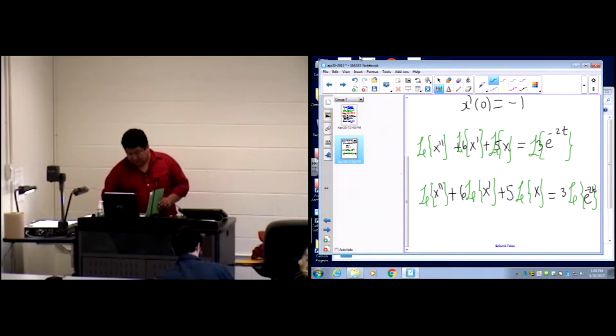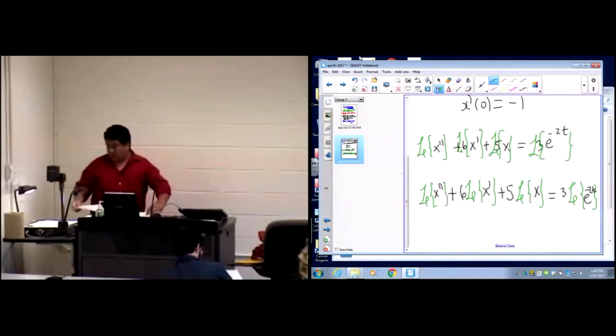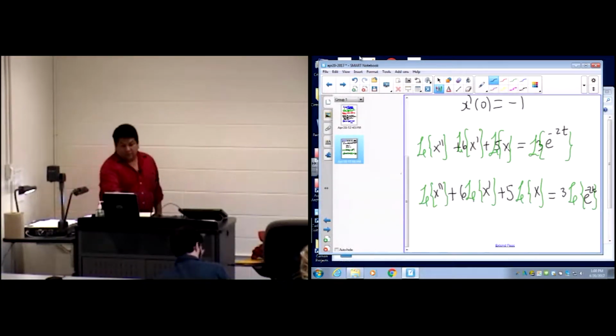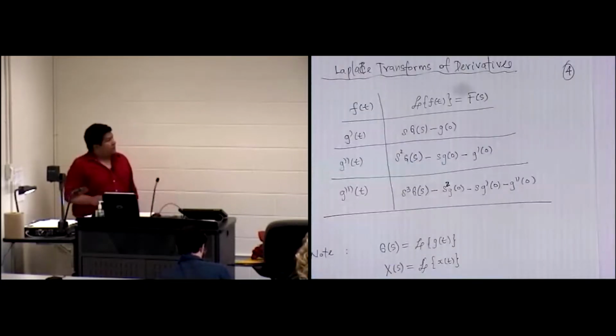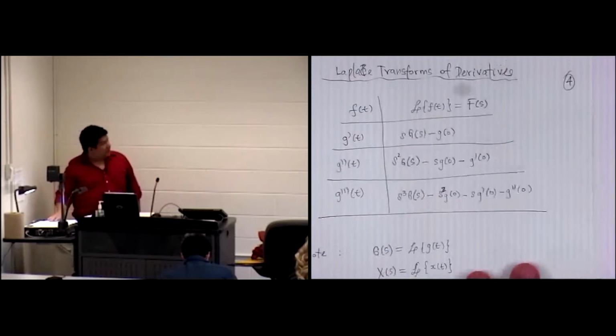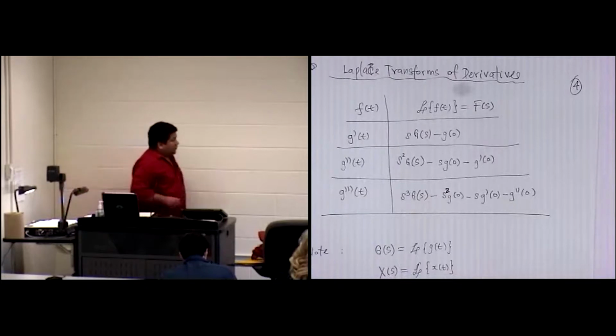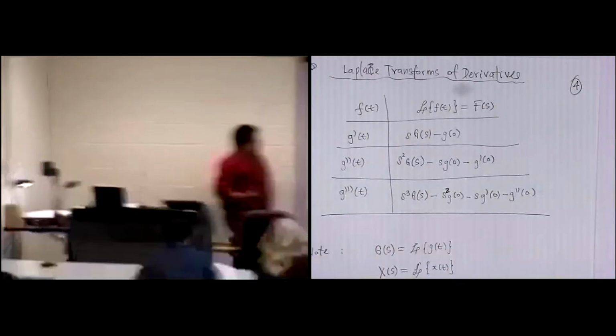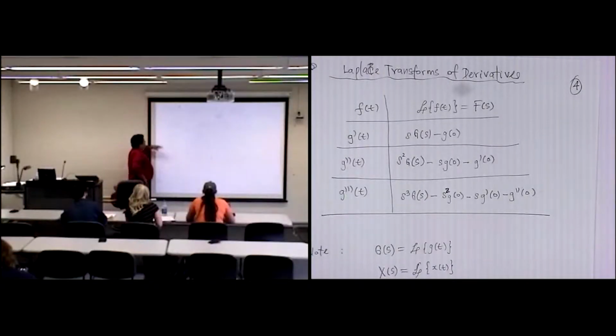You can add the Laplace transform of the first derivative, second derivative, third derivative, and higher order derivatives. So once we proceed with step number 1 and take Laplace transforms, that involves the Laplace transform of the second derivative of x and of the first derivative of x. We're going to make use of these two terms on this table. So that's what we do next.